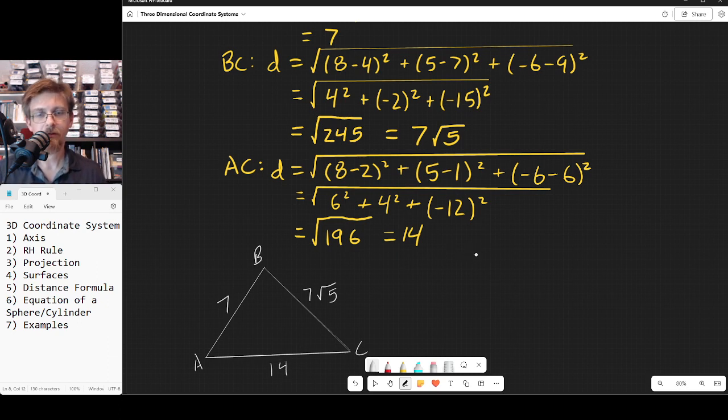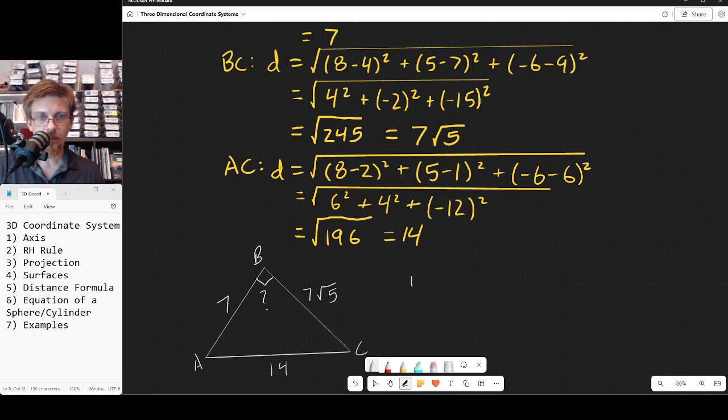So it's not equilateral or isosceles. It may be right, and so we're going to check that real fast. To see if it's a right triangle, the angle that would be the right angle would be this one, and we're going to check that.